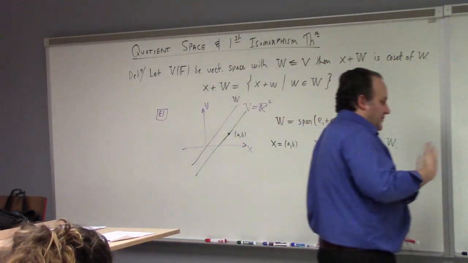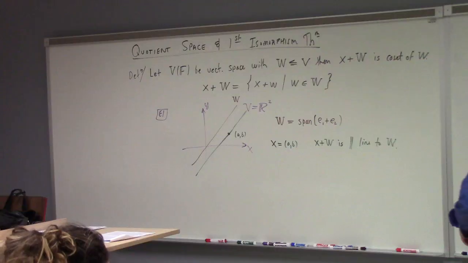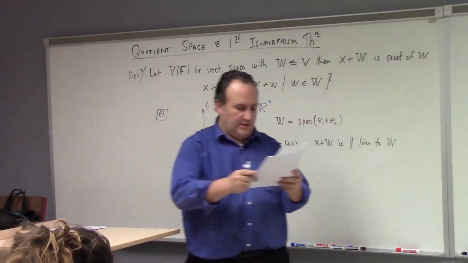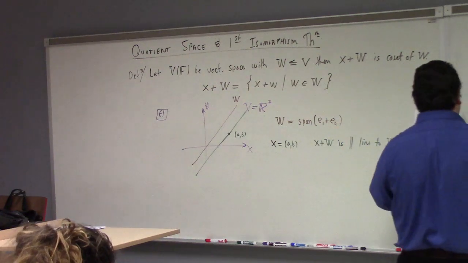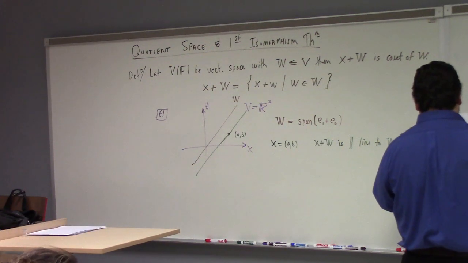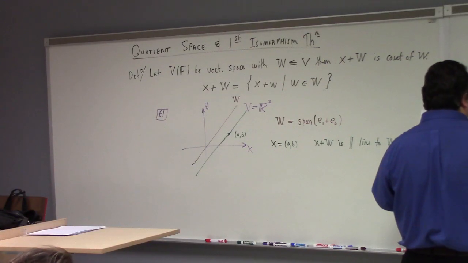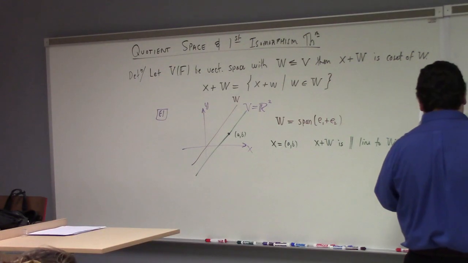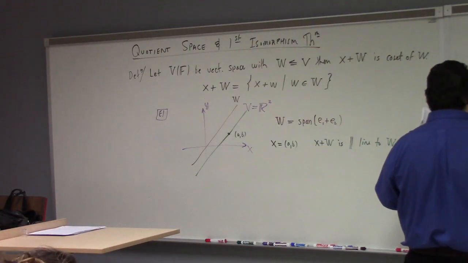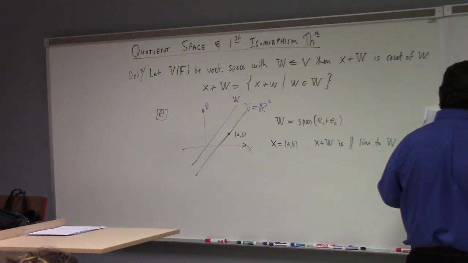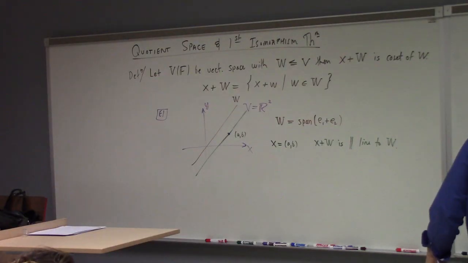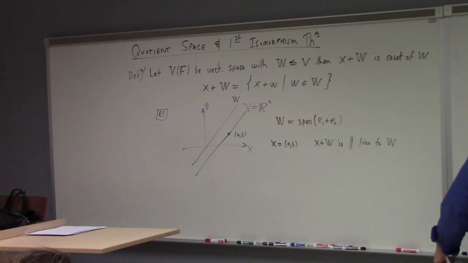But we can be a little bit more abstract. If we're thinking about AX equals B, then you know what the general solution looks like. X is equal to the particular solution plus the homogeneous solution.